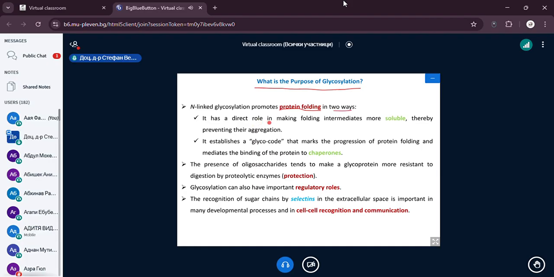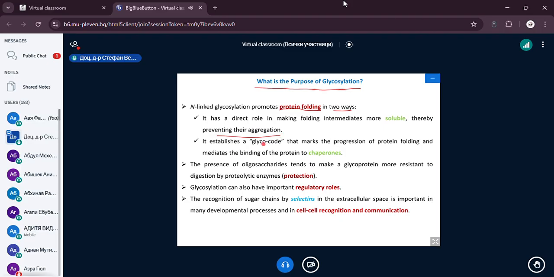It has a direct role in making folding intermediates more soluble. So it makes the protein more soluble and aids in its folding by preventing aggregation.